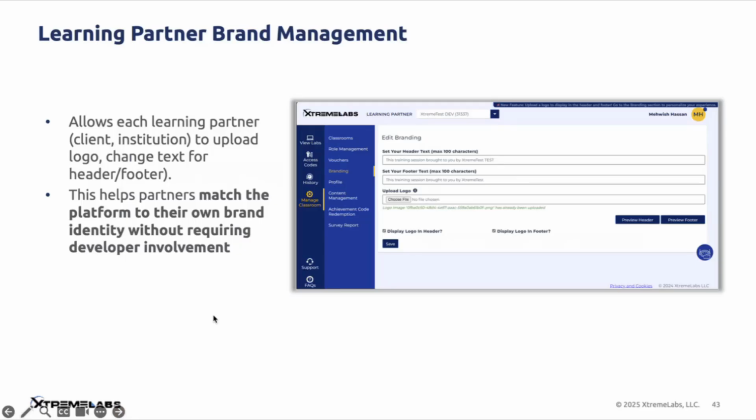Now let's review what learning partner brand management is. From this branding option, partners can match the platform to their own brand identity without requiring developer involvement. It will allow you to set the header text, like this training session is brought to you by your organization name, and similarly set the same in the footer.